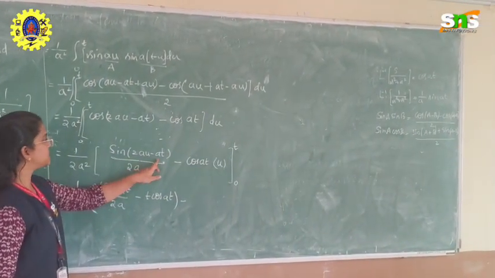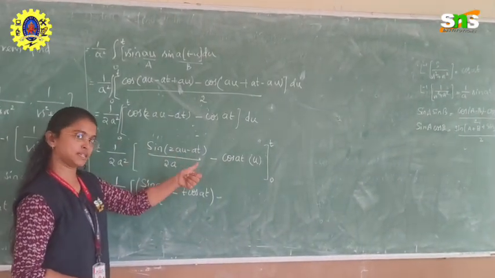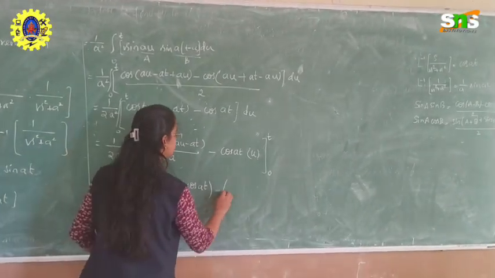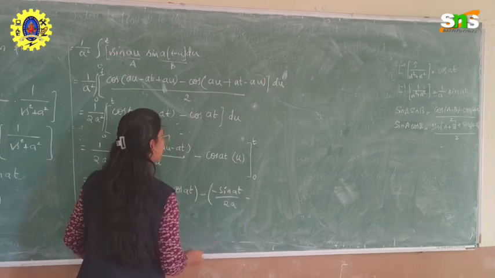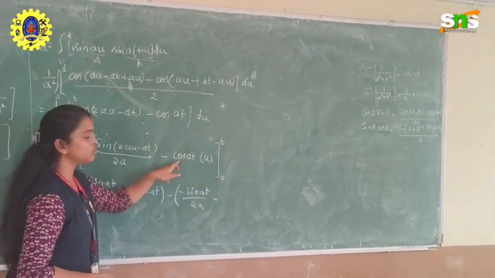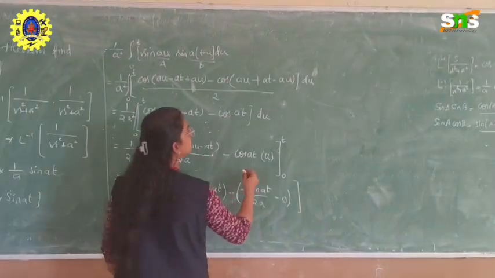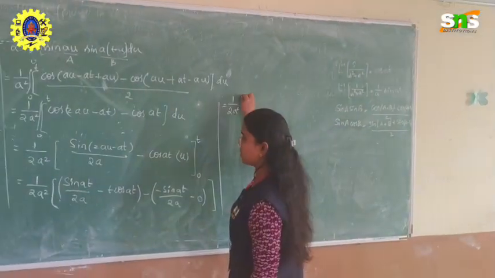So sin of minus at divided by 2a. Sin of minus theta is minus sin theta, so here sin of minus at is minus sin at. So minus sin at divided by 2a, minus, if I substitute u as 0, this all will be 0. So 1 divided by 2a square.